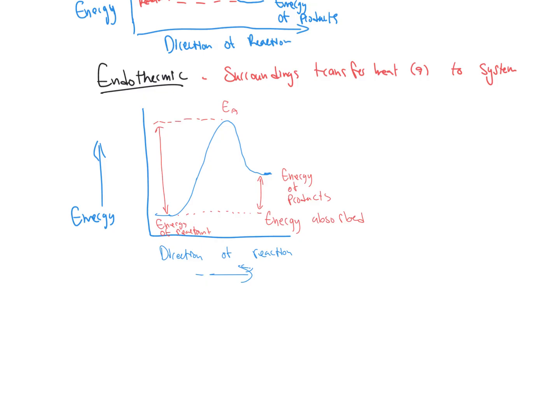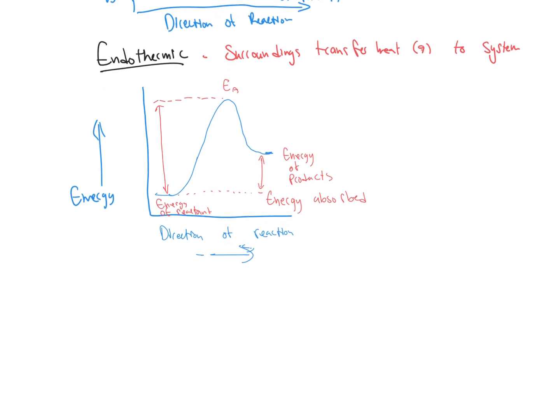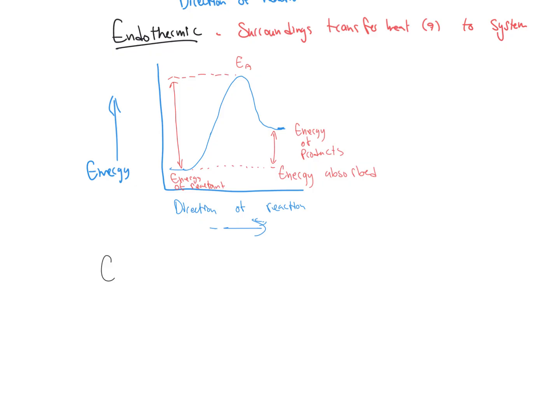Now there's one additional definition that we can make, and it's something that we're going to come back to for the entirety of AP chemistry from here on out, and that is known as enthalpy. Enthalpy, which we call H, is equal to the heat flow during a reaction.